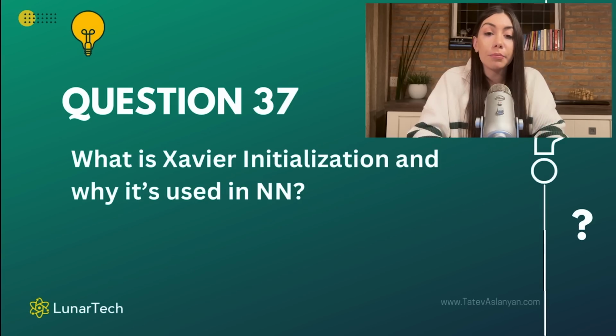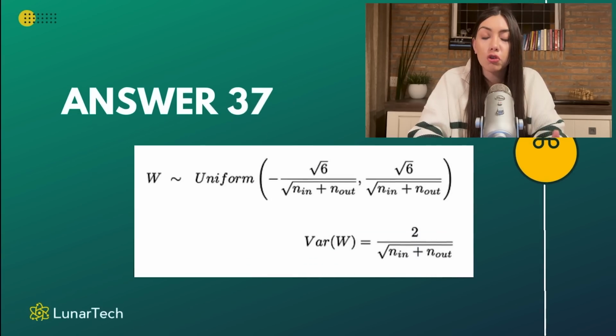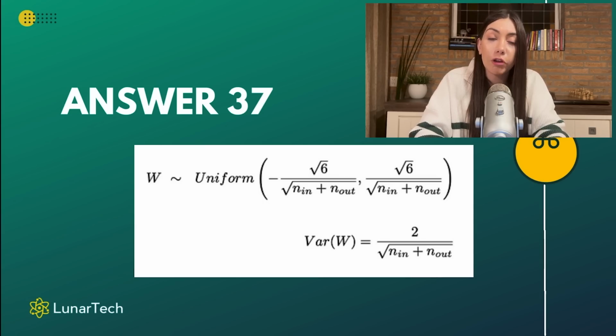So the key idea behind Xavier Initialization is to keep the variance of the activations and the gradients consistent across layers. The way it is done is by setting the initial weights based on the number of input and output neurons in a neural network.